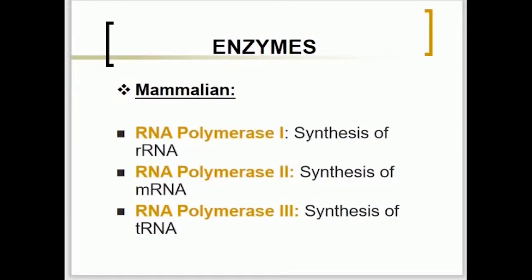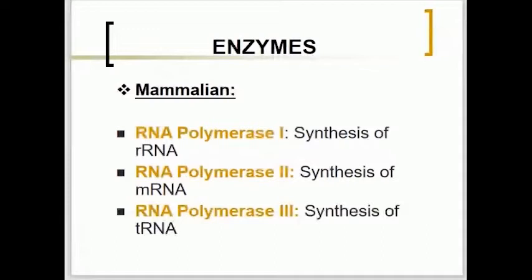First, what are the enzymes needed for this transcription? RNA polymerase, because it is synthesizing RNA. There are 3 types of RNA polymerases: RNA polymerase 1, RNA polymerase 2, and RNA polymerase 3.